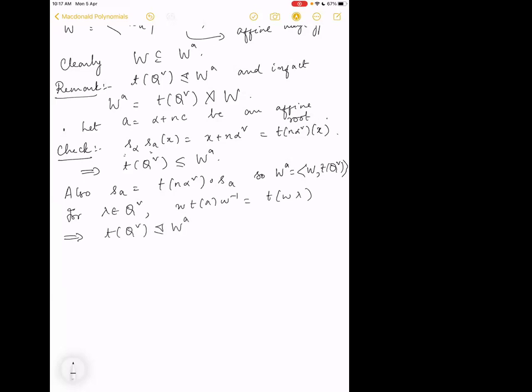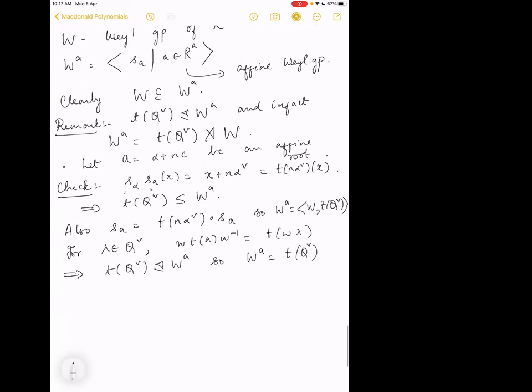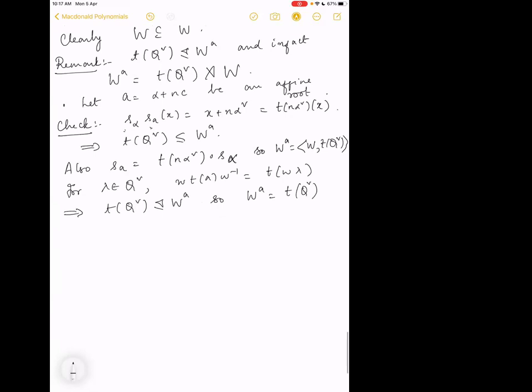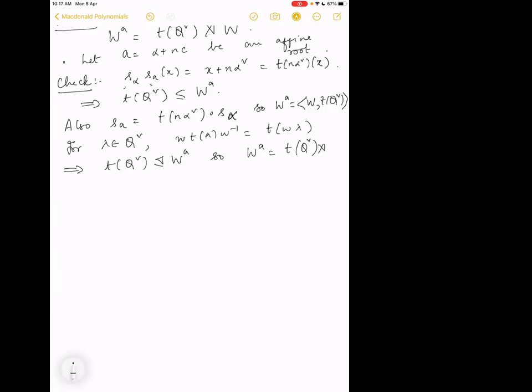And so, W_A is basically this. s_A is s_alpha plus nC, the reflection with respect to this function. Ah, sorry, there might be a typo. Thank you, yeah. So W_A is this.